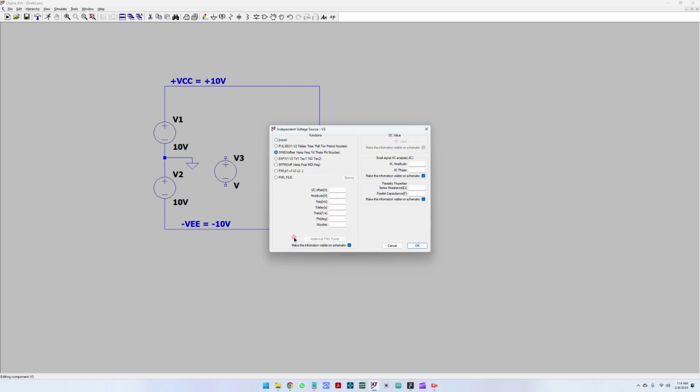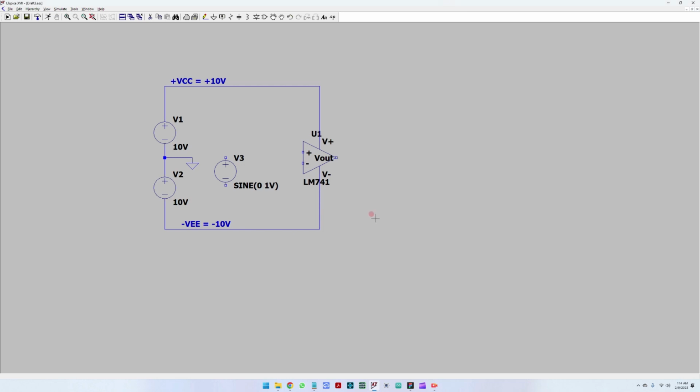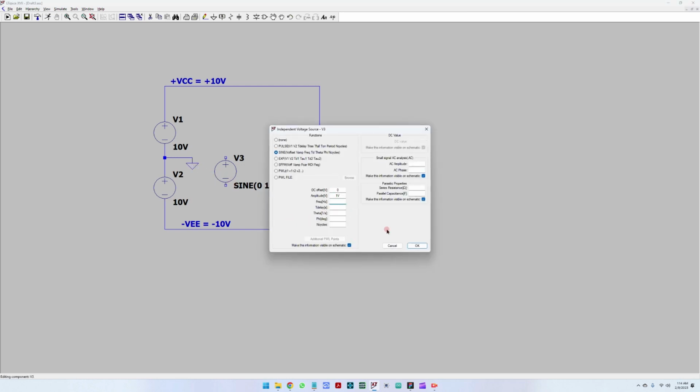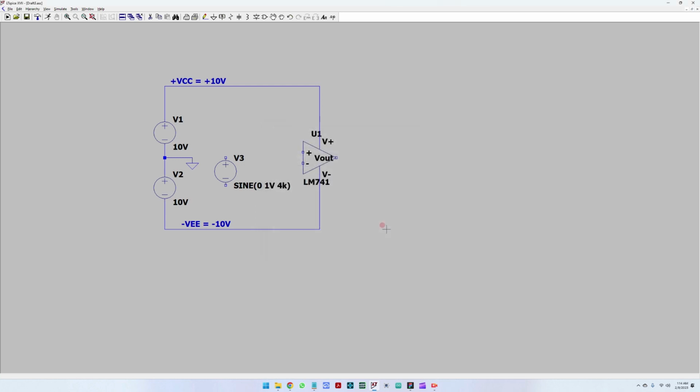Let us go with a sine wave of 1 volt and 4 kilohertz. 4 kilohertz is in the audio spectrum, so it's a good frequency to test an operational amplifier for audio applications. Let us connect the ground to the power supply, and connect the source to the non-inverting input.